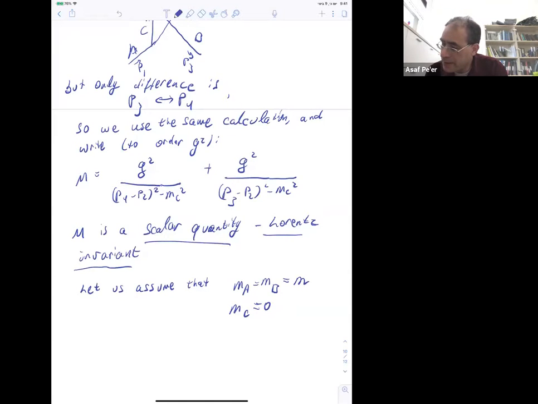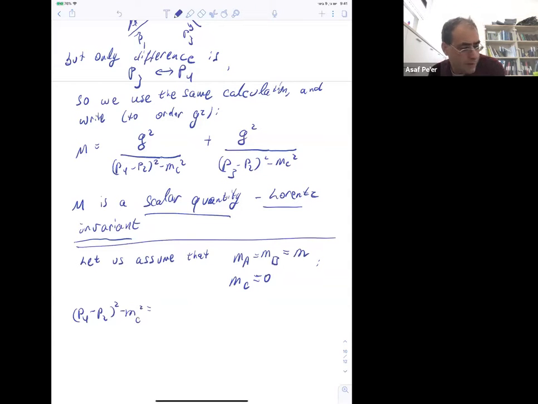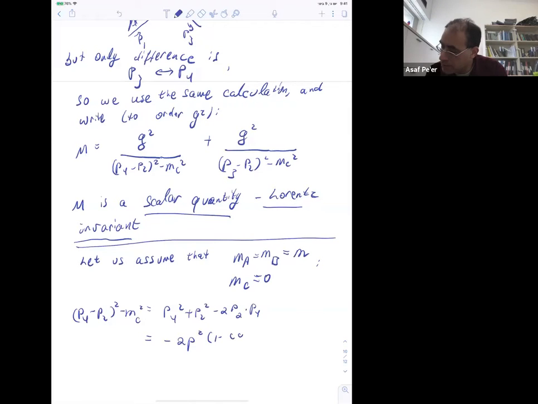So in that case, we have that P4 minus P2 squared minus MC squared is just P4 squared plus P2 squared minus 2 P2 dot P4, which is just minus 2P squared times 1 minus cosine theta.